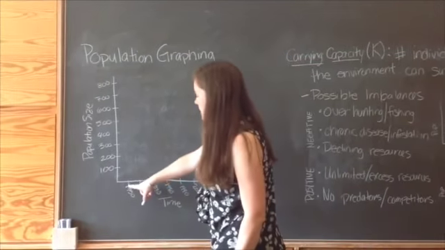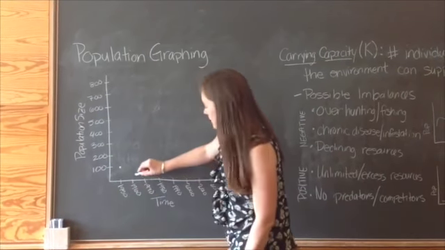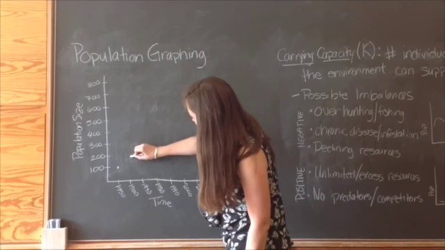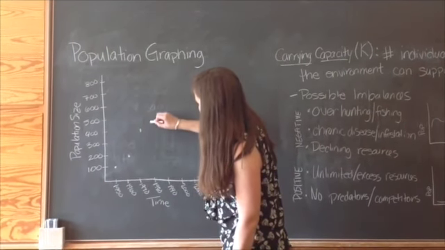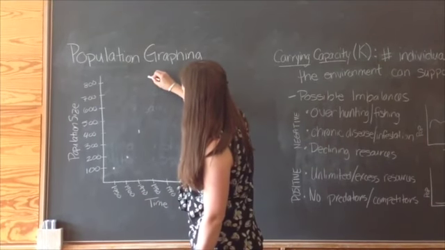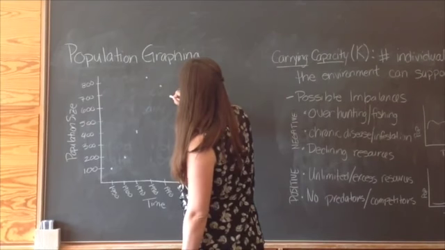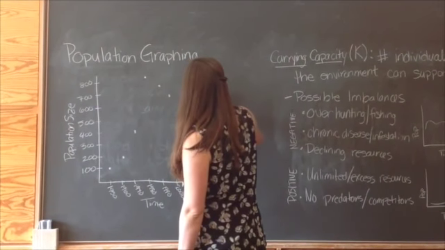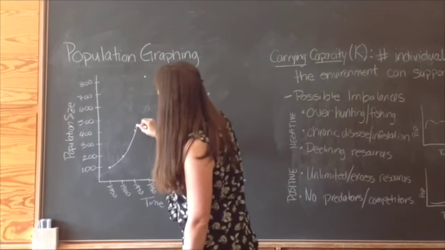So let's say in 1950 we had a population of 100, and then in 1960, 200, 1970 the population maybe jumps up to 400, 1980 it jumps up to 800, and so on and so forth until we get a nice little curve, and then we're going to connect all of our dots.